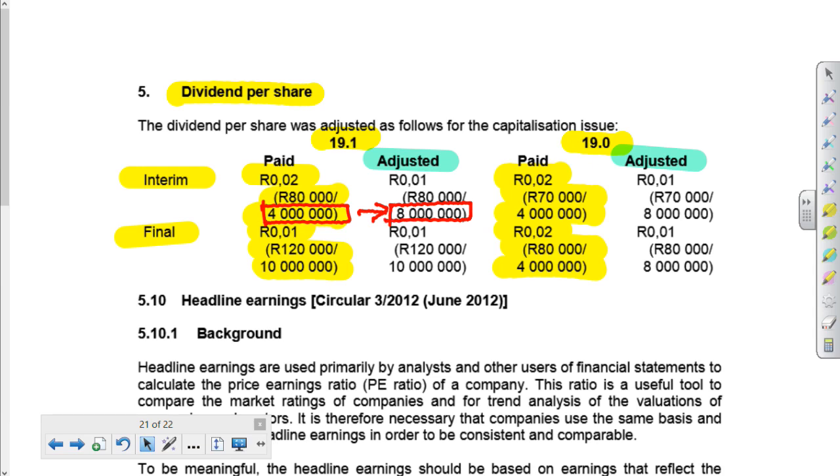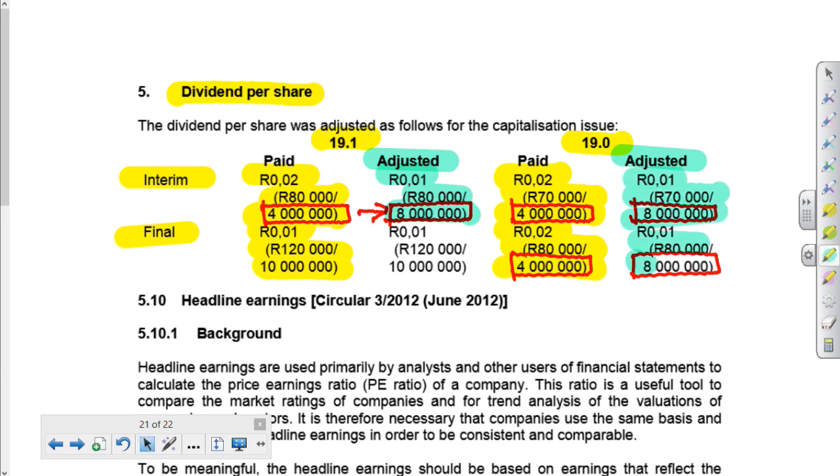So where my interim dividend that I paid this year was 80,000 for 4 million shares, I'm now going to say 80,000 for 8 million shares, and I'm going to land up with 1 cent. Then for the other year, I'm going to do the same thing. Where I had 4 in both cases, I'm going to apply the cap issue, and land up with 8 and 8, and 1 cent and 1 cent.